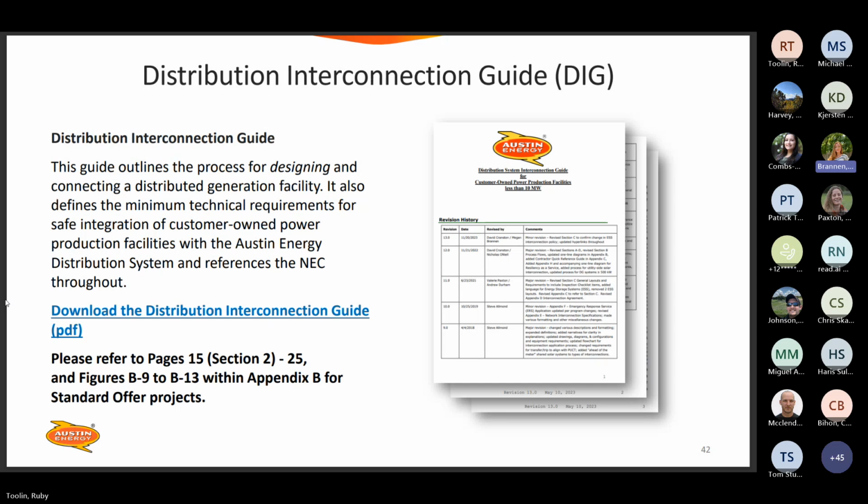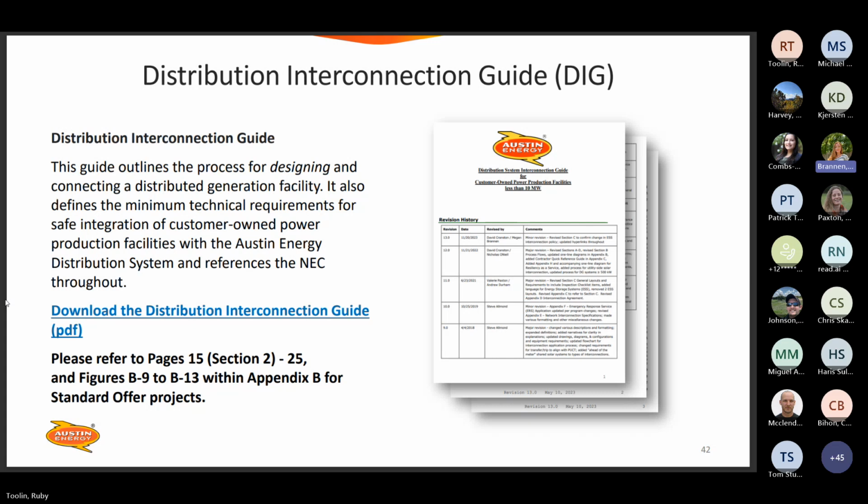All right, the distribution interconnection guide. This is the guide that outlines the process for designing and connecting distributed generation facilities. This is going to be a really helpful resource if you haven't done business with Austin Energy before, because it also defines minimum technical requirements for safe integration of customer-owned power production facilities within our territory. So just keep in mind, this is a very helpful reference.